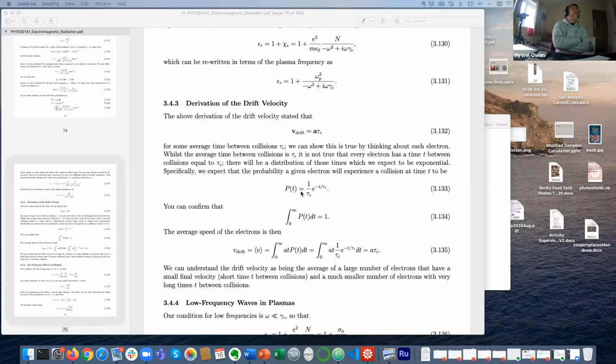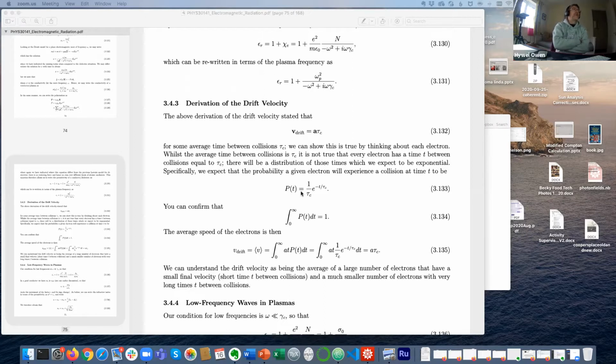The value tc, this typical time between collisions, is the average time that an electron will travel for before it experiences a collision, either with an ion or with a lattice defect, if we're thinking of an electron in a conductor. So there will be a distribution of those times, and we expect that each electron will have a different time t before it undergoes a collision.